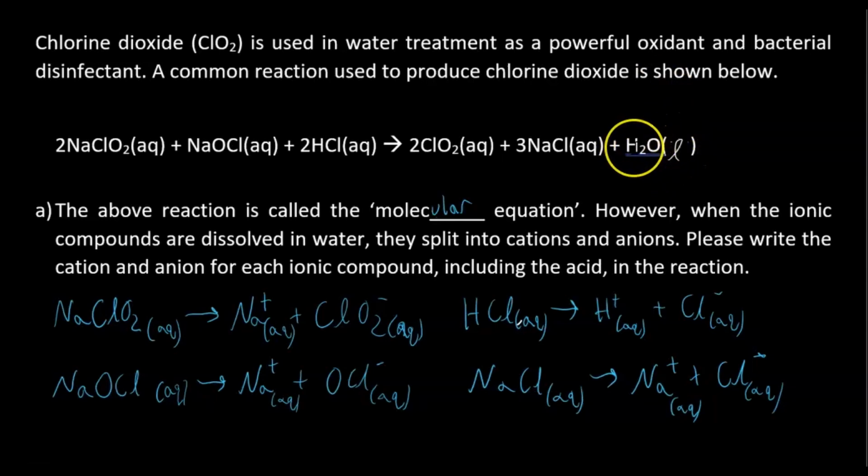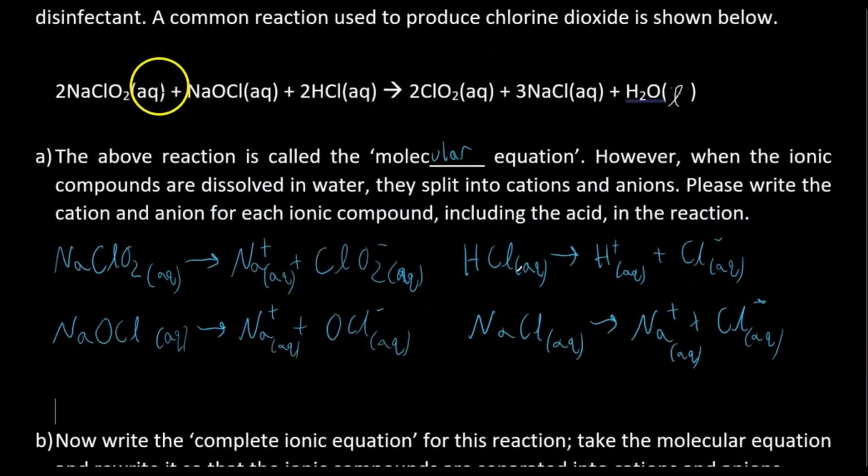And this isn't an acid. Water can act as an acid, but in this case, it's just water. It's not broken up. It's just like a covalent compound. So just like chlorine dioxide, it doesn't break up either. It just stays as H2O. So we just have these 1, 2, 3, 4 compounds that break up when they're dissolved in water.